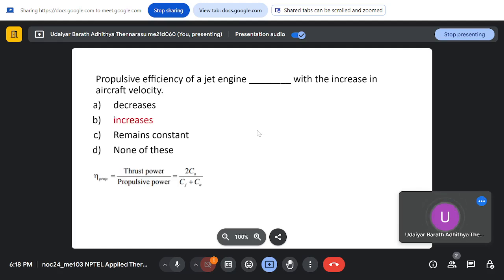So answer is B, increases. So propulsive efficiency of a jet engine increases with an increase in aircraft velocity. So this is how the propulsive efficiency is defined: thrust power divided by propulsive power.